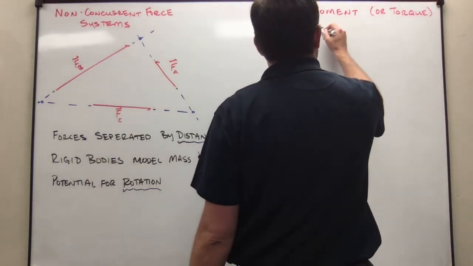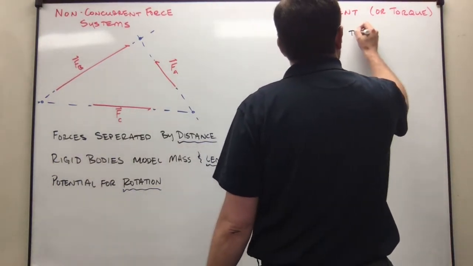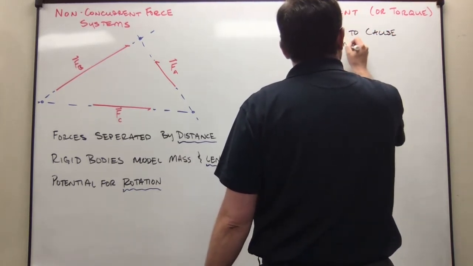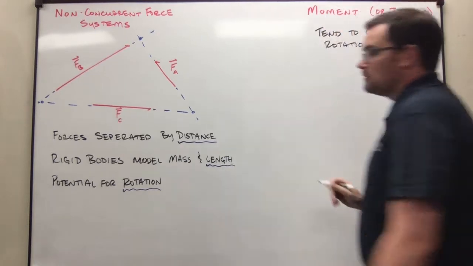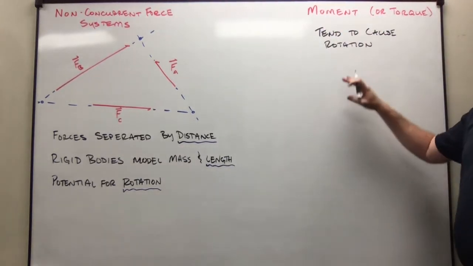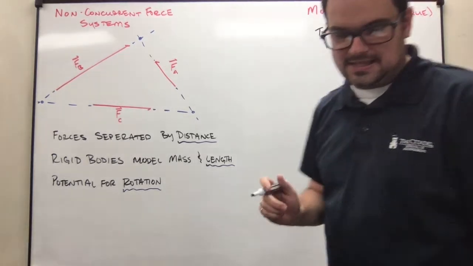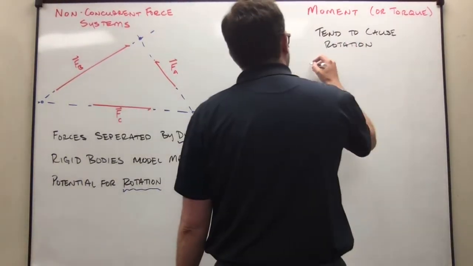But we're talking about a moment, and so this is going to be the tendency to cause rotation. So moments tend to cause rotation. It's important to remember that we're talking about statics, and so nothing's going to move, but these moments are going to try to cause things to move in this case. Now, this is a vector quantity.